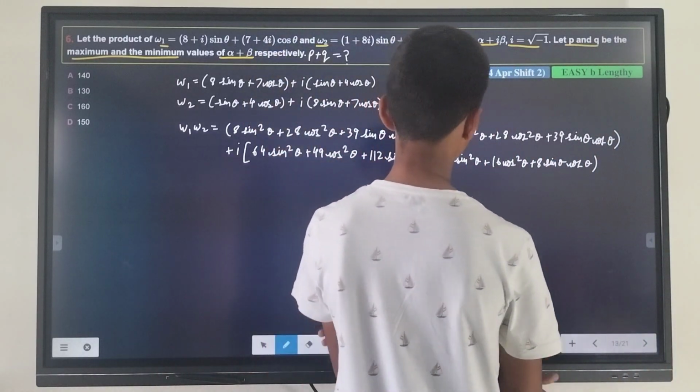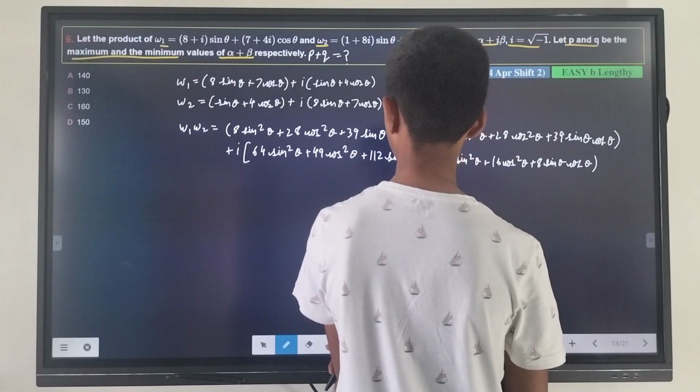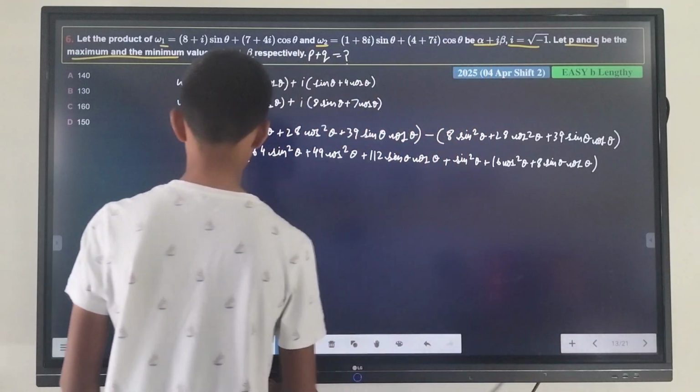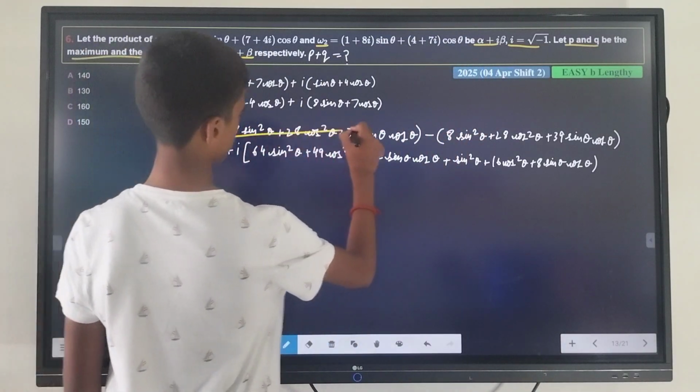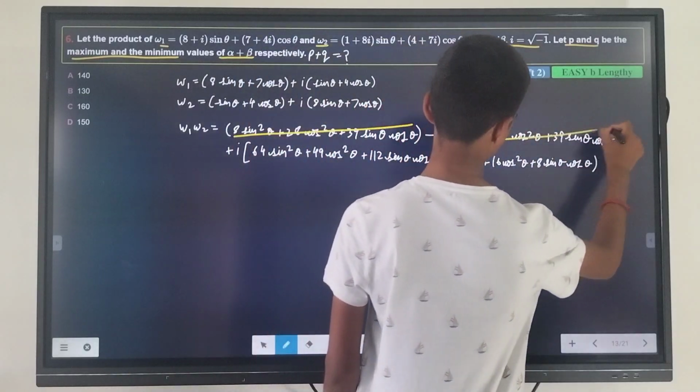So from here, first these two expressions will get cancelled.